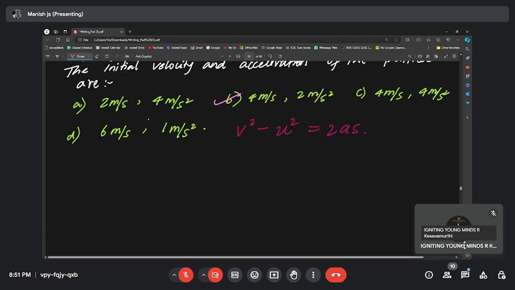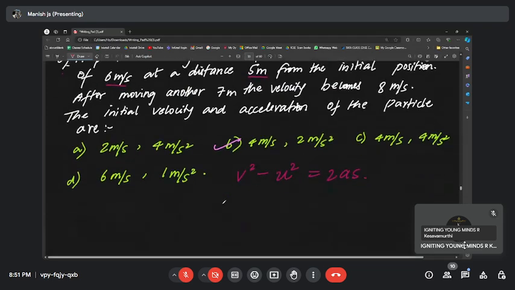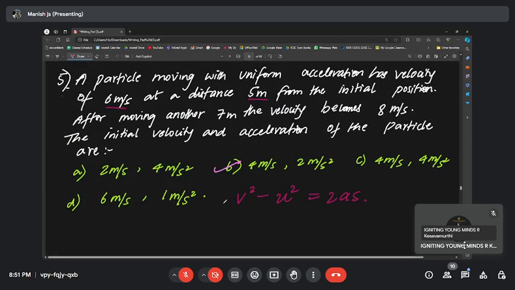Now let us substitute in this particular data. They're telling 6 meters per second, and they are telling it is 5 meters. Now what is 6 and what is 5?